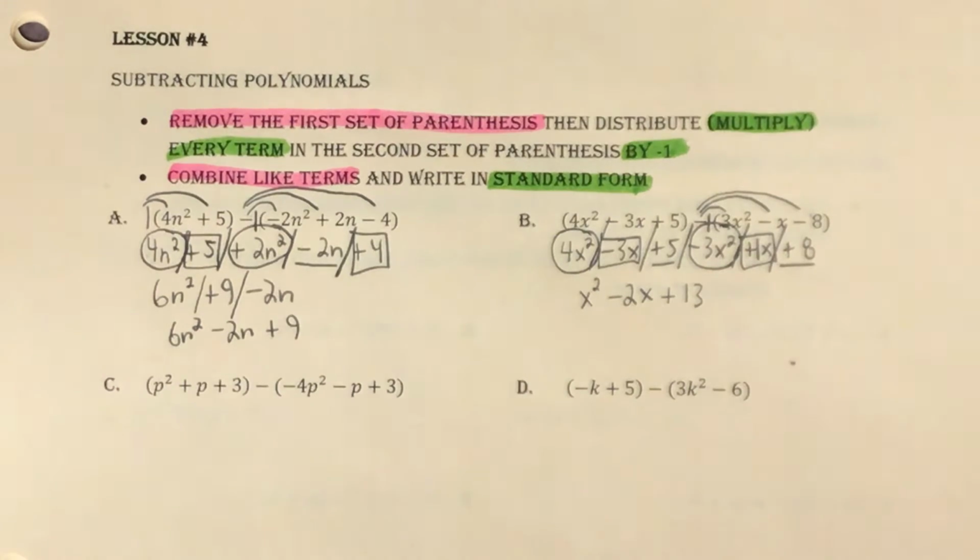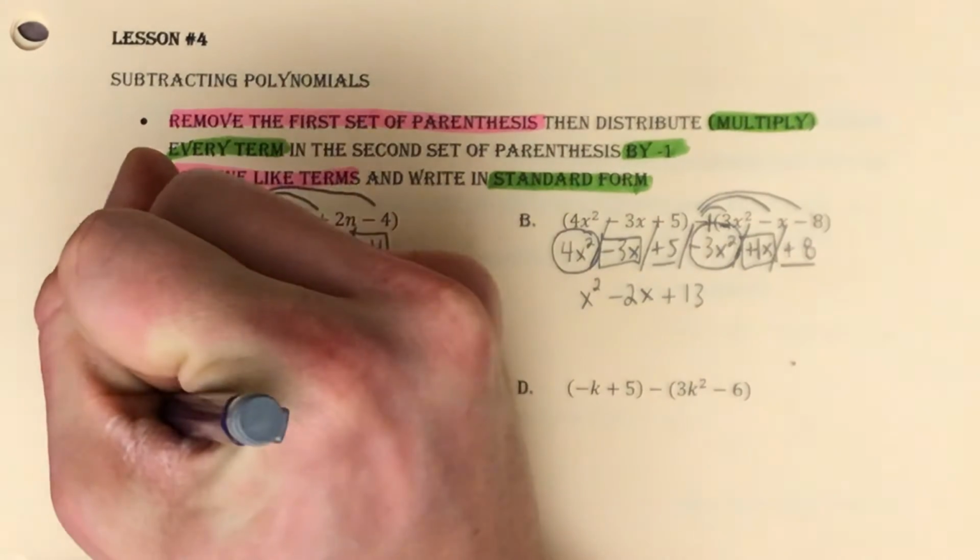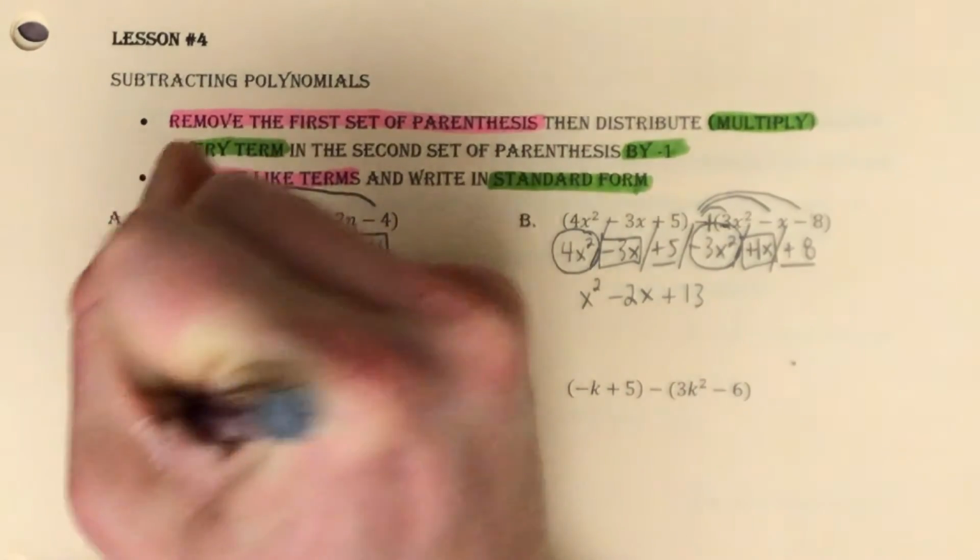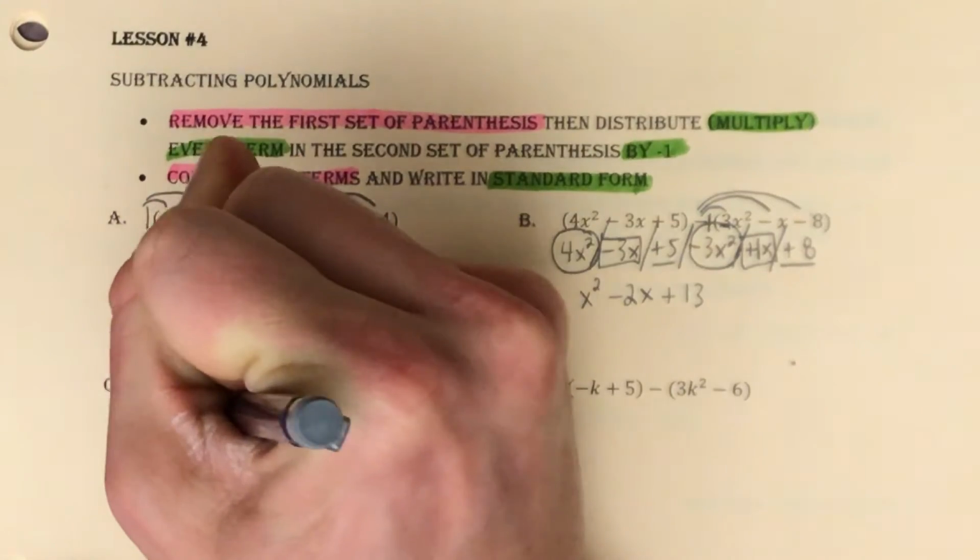So example C says p squared plus p plus 3, all minus -4p squared minus p plus 3. Well, first thing, remove the first set of parentheses. So this is p squared plus p plus 3.